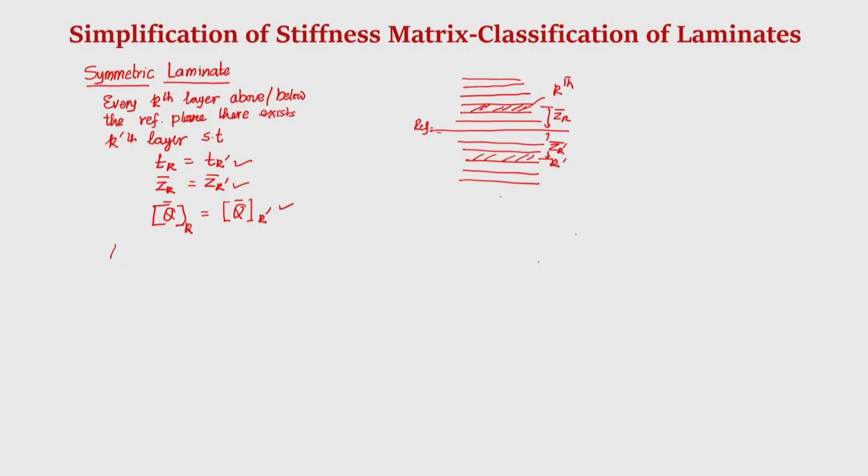Okay. So, as a consequence of symmetry, what happens is B i j, each element of the coupling matrix goes to 0. We can prove that.